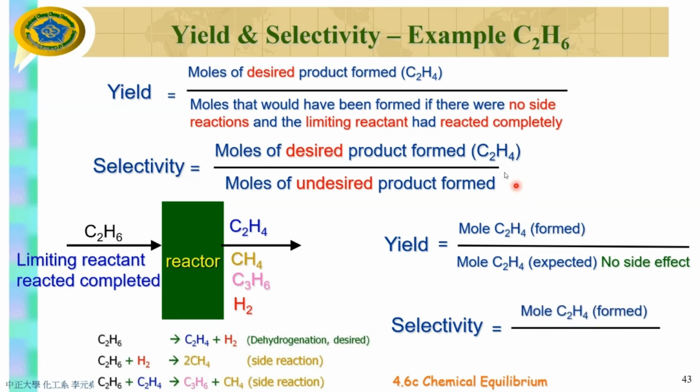The definition of selectivity is the moles of C2H4 divided by the moles of CH4 plus H2 and C3H6. So please remember the definition, it is important.